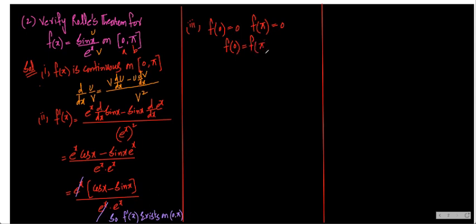So we have checked condition number 1. It is a continuous function, so it is satisfying. Second, our derivative exists because we are not getting any infinity value. And here f of A is equal to f of B. So all the three conditions are satisfied. What we have to write here?